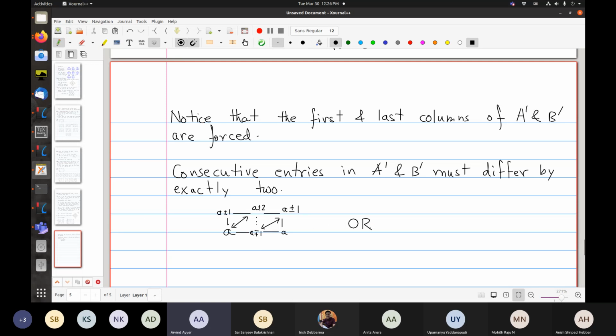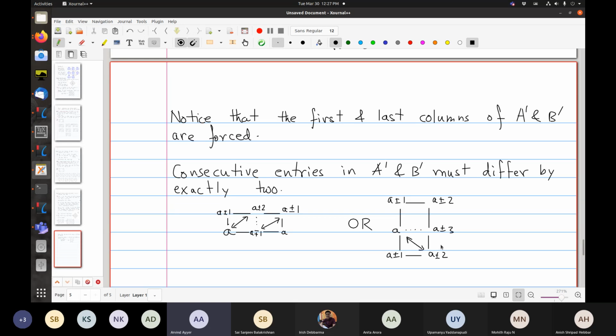And a similar calculation works for vertical domino. This or so let's say this dot. So then this, if this is A, this is again A plus minus 1, A plus minus 2, A plus minus 3, A plus minus 1, A plus minus 2, and you can again see.